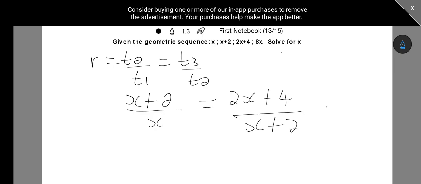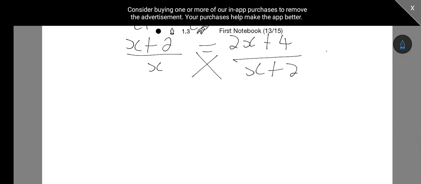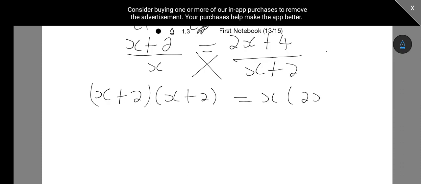In such a case, what you can do here is cross multiply. I'm sure you are comfortable with the idea of cross multiplication. That's going to be x plus 2 multiplied by x plus 2, and it's equal to x multiplied by 2x plus 4.